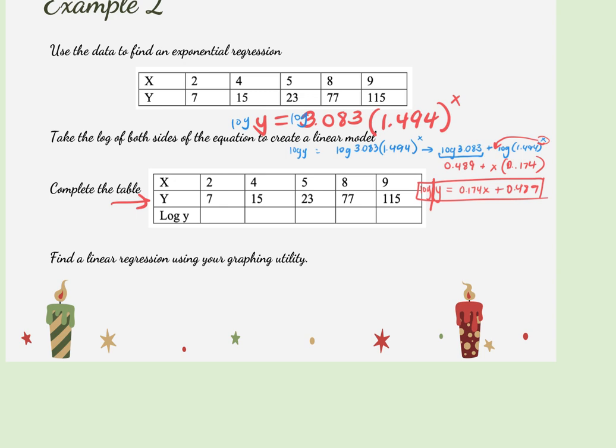So my calculator says log L2 arrow L3. And then I want a linear regression. So I'm going stat, calc, linear regression, and I'm changing my y list to L3.